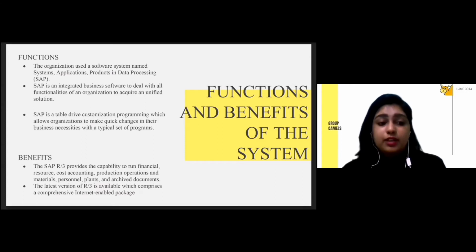And for the benefits, the SAP R3 provides the capability to run financial, resource, cost accounting, production operations and materials, personnel plans, and archived documents. The latest version of R3 is available, which comprises a comprehensive internet-enabled package, is like icing on the cake.